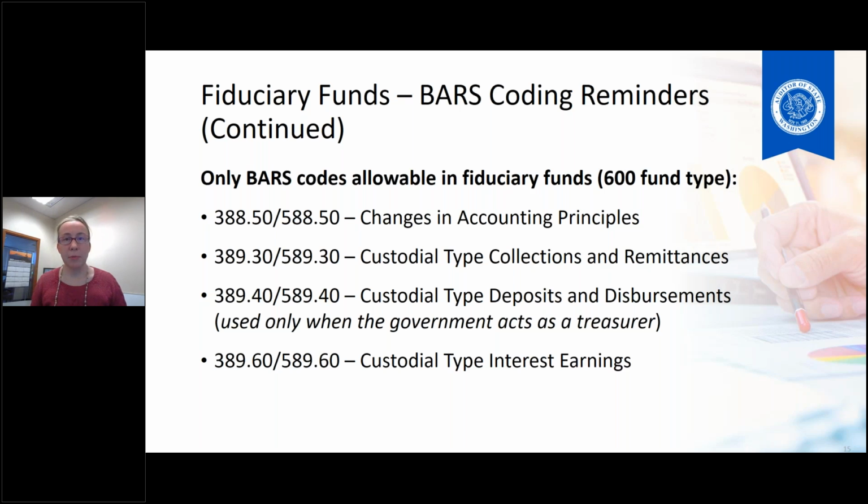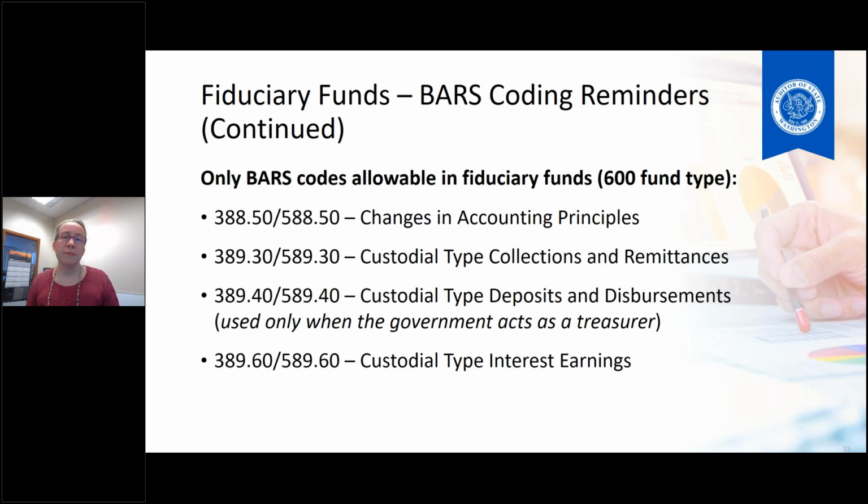Two examples that we see this most often is if a government has a fiduciary pension, so it falls under a trusted pension plan, and they are acting as the treasurer for that pension. Those transactions for the pension plan would fall under the 38940 and the 58940. The other one is our counties acting as treasurer for the special purpose districts.